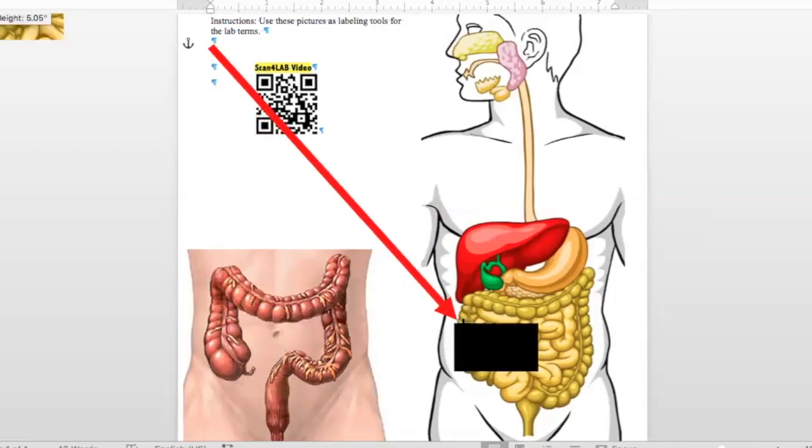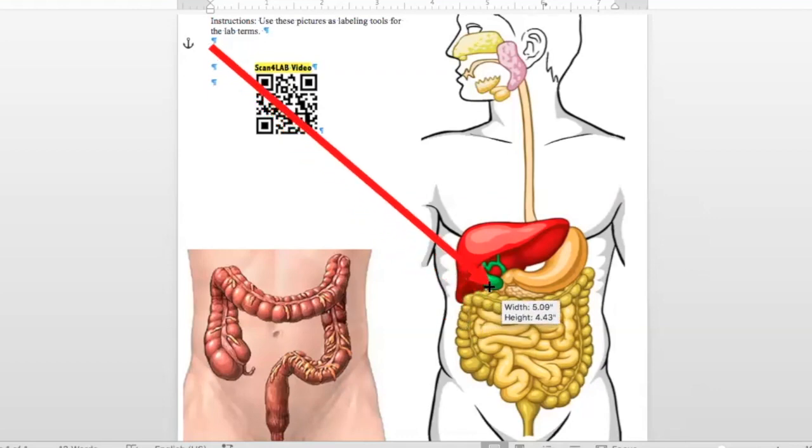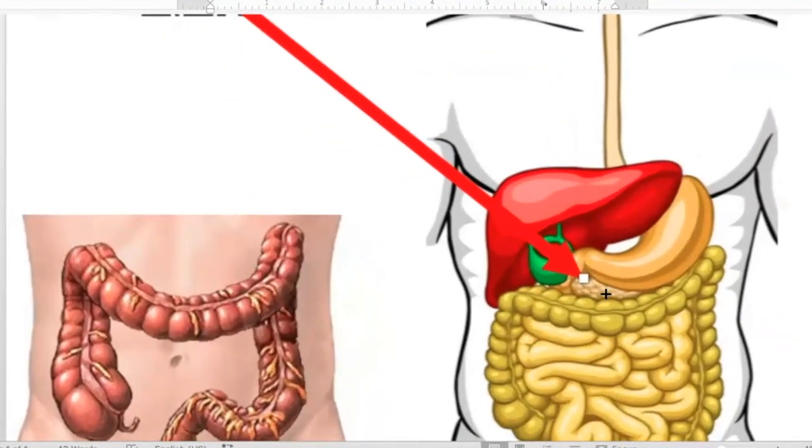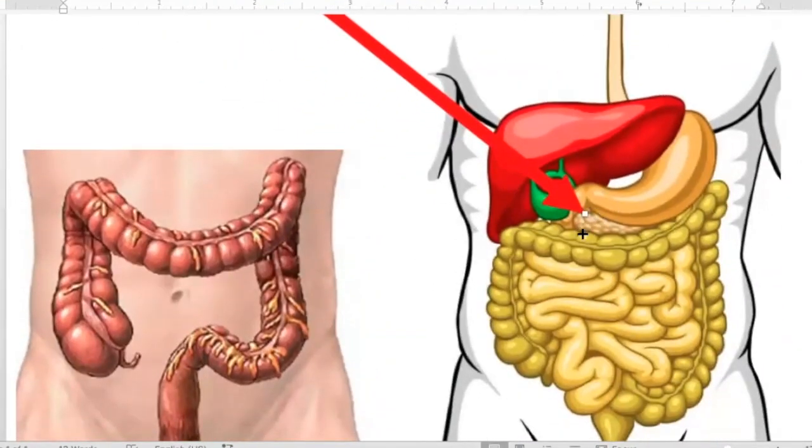It's also right here. This part of the intestine, what's that called? Number 16. Number 17. What is this structure underneath the stomach called? It's right here underneath the stomach. 17.